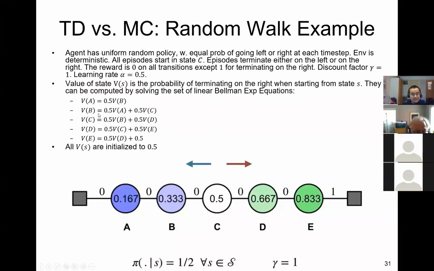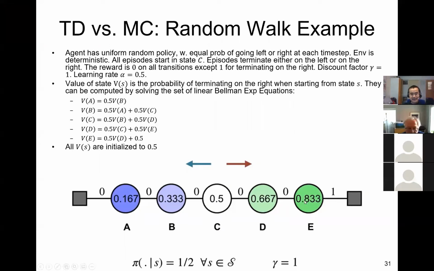So VA is: on the left it's a 0 and it ends. On the right is VB. So it's 0.5 times VB, and the transition itself has a reward of 0. VB has 2 possible choices, left or right. So it's 0.5 VA plus 0.5 VC, and so on.